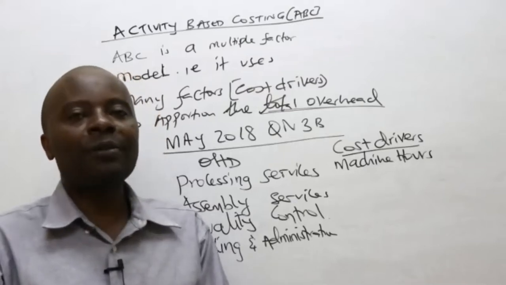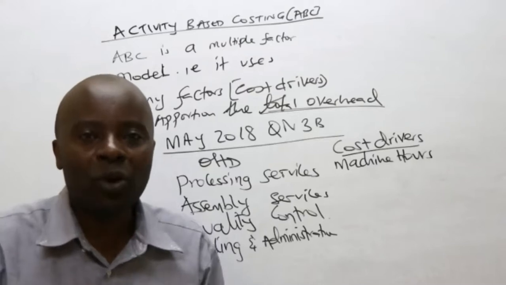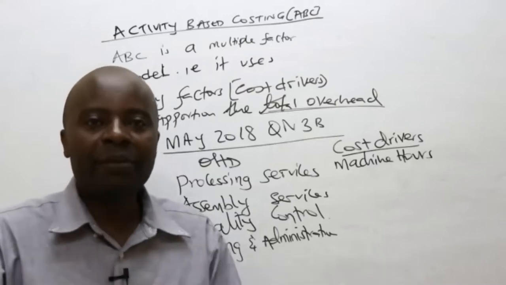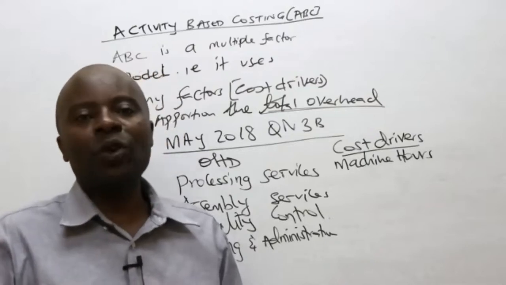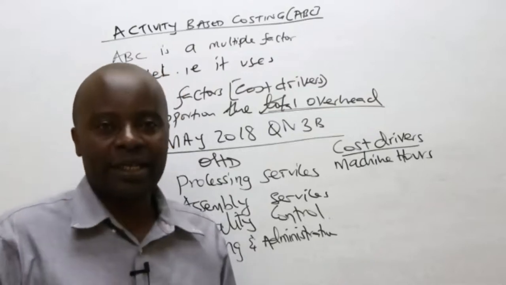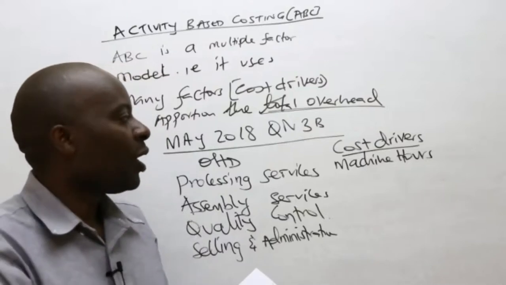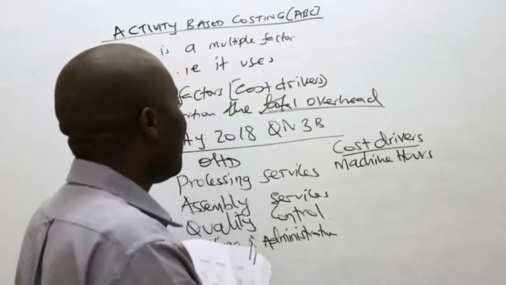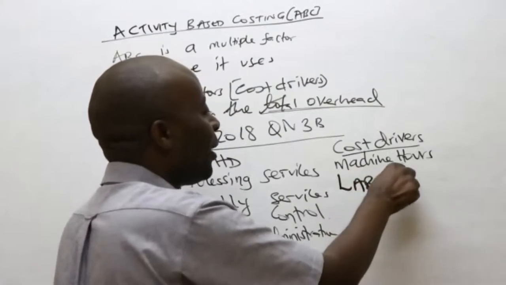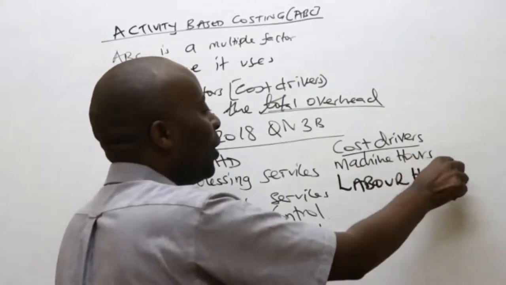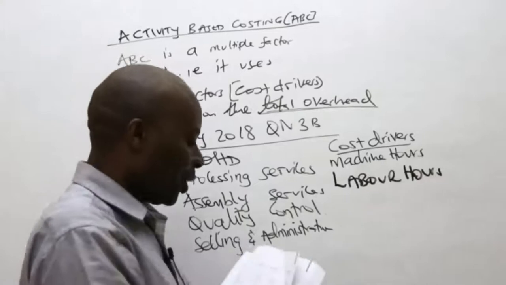Labor hours. Because mostly to assemble these components, we normally use laborers, in this case workers. So assembly services, we shall apportion the overhead using labor hours. You guys are bright.